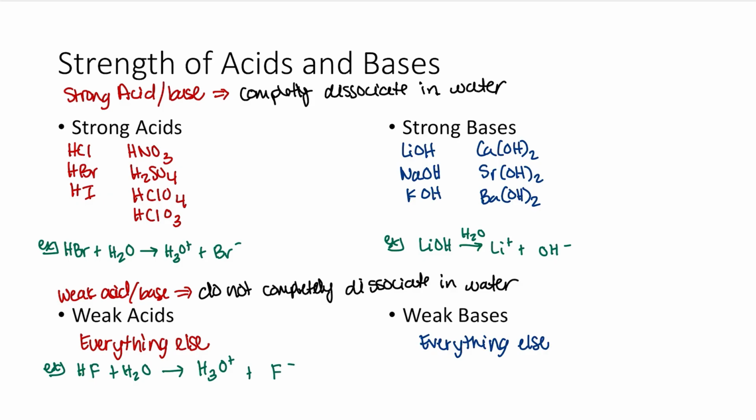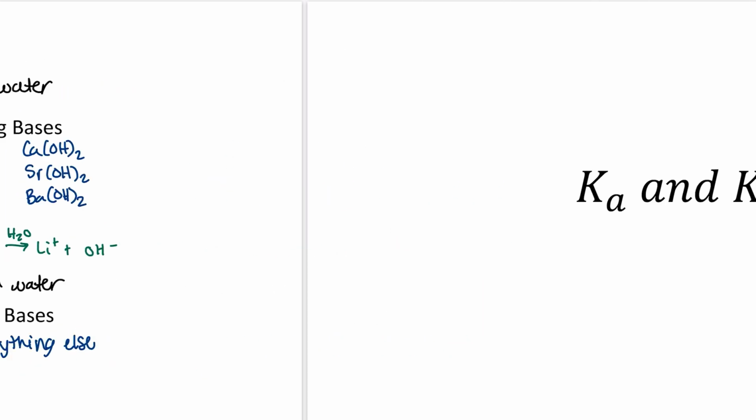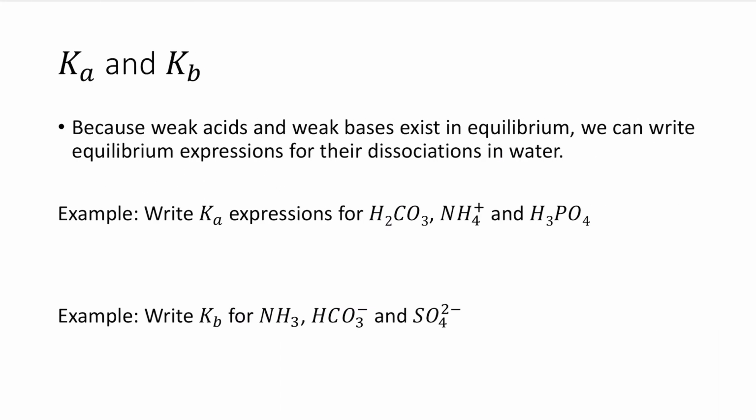But to show that it is a weak acid, because if we left it like this, it looks exactly like a strong acid because we show a complete dissociation, we have to put in our equilibrium arrows. So just like a weak electrolyte, weak acids and weak bases exist in equilibrium. So for that reason, we can write an equilibrium expression for an acid and a base.